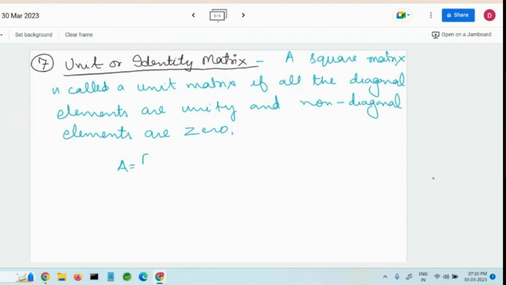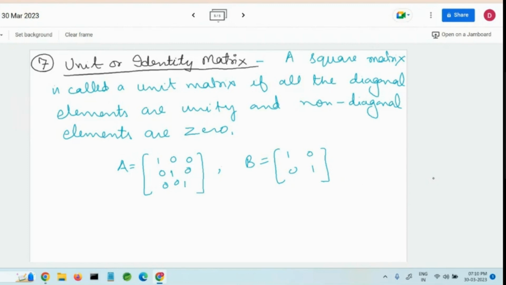So A is 1, 1, 1 on the diagonal and 0 elsewhere. This position is A11, A22, A33, so it is equal to 1. And B is 1, 0, 0, 1. Its order is 2 by 2.